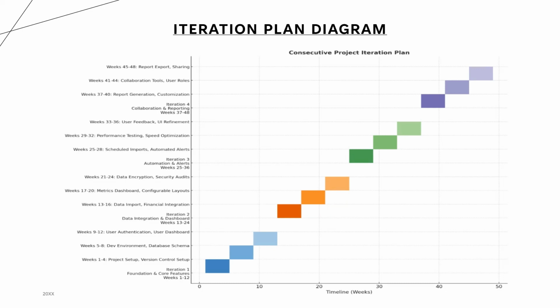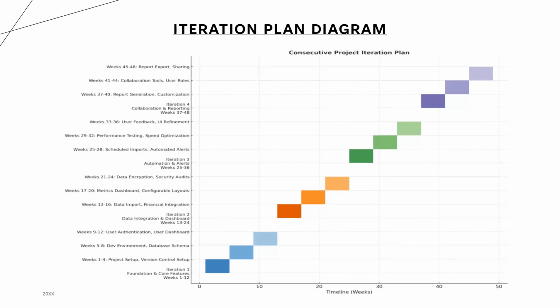The second month will work on the dev environment and database schema, which includes which IDE to use for development of our application, which coding language to use, and the database schema, what properties to include, like user name, user email, their password, and every other detail. In the third month, we'll work on user authentication and user dashboard, distinguishing between premium user, regular user, and admin.